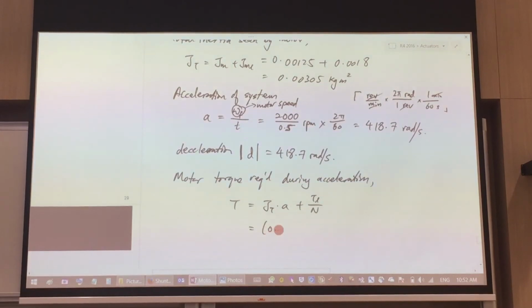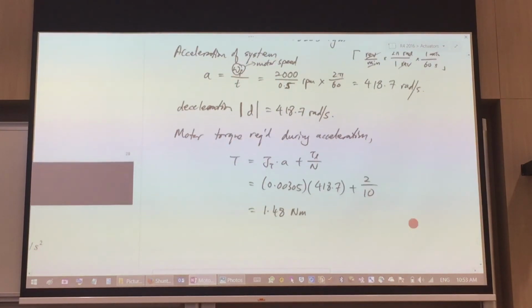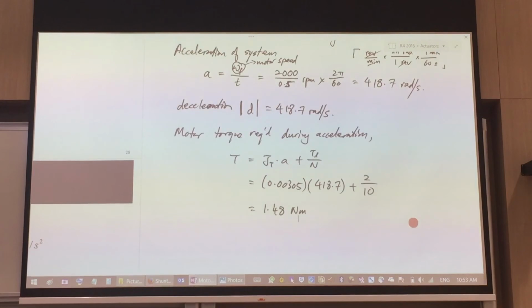So 0.00305, that one we've seen before, 418.7, that's 2 over 10. So I get that torque as 1.48 newton meters. So that's for the acceleration phase.